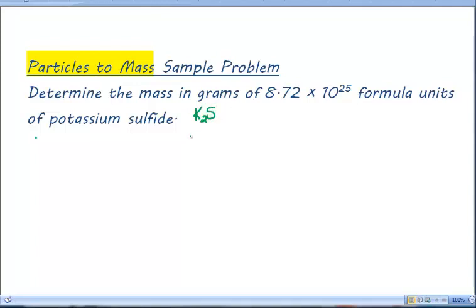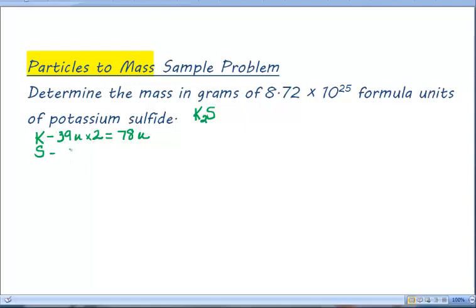And let's go on while we're at it and make the determination of its formula mass. Potassium, element number 19 on the periodic table, has a mass of 39 AMUs. It appears in this compound 2 times, so that's a total contribution of 78 AMUs from potassium.